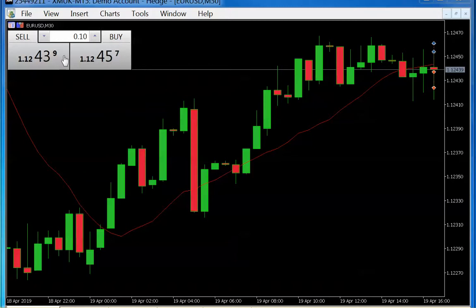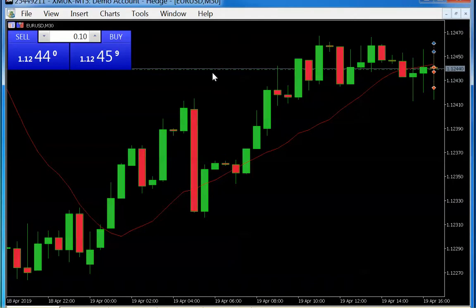For some reason my trading button seems to have changed color and gone gray. I don't know why that's happened, but I'm going to try and click a sell on this now and see what happens. So we've clicked a sell, and I have heard it go off, so hopefully that's in place. And there's the green line that tells us that we've got a trade on.